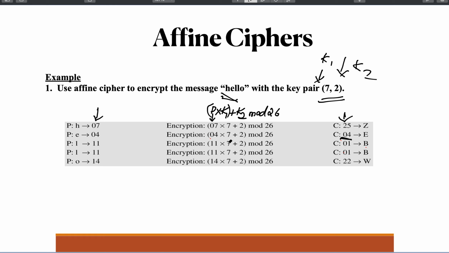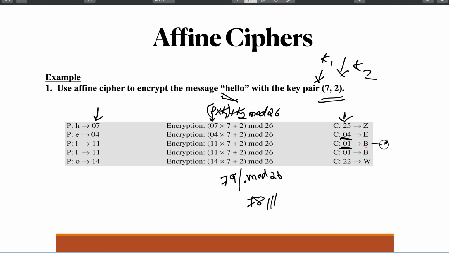Now 11 into 7 is 77. 77 plus 2 is 79. When you take mod 26, we know that 78 is fully divisible by 26, so 79 gives a remainder of 1.